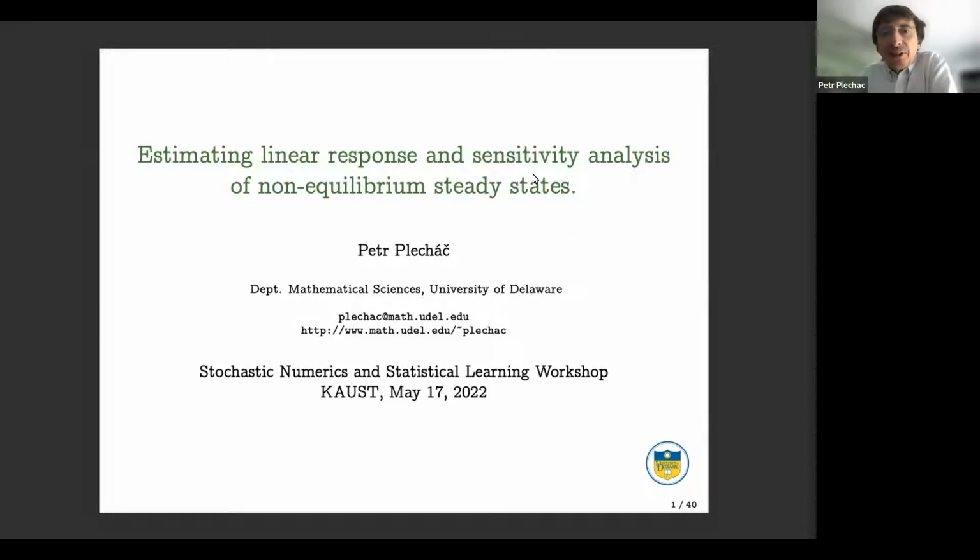But I selected this title because I want to show some specific applications which are more geared towards computational statistical mechanics. And as for the topic of the workshop, I think it will be mostly on the side of this stochastic numerics part rather than the learning part.